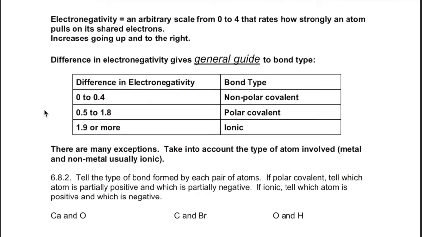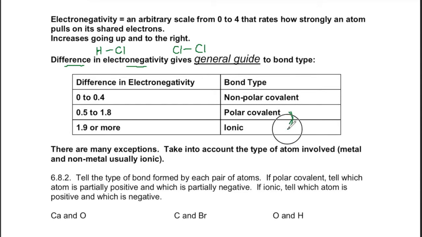So once you know how strongly an element is pulling on its electrons, what matters is really the difference. So chlorine has the same electronegativity in both of these compounds, but in this compound it's going to be pulling the electrons away from hydrogen, and in this one it's not going to be able to. So this is a general guide.